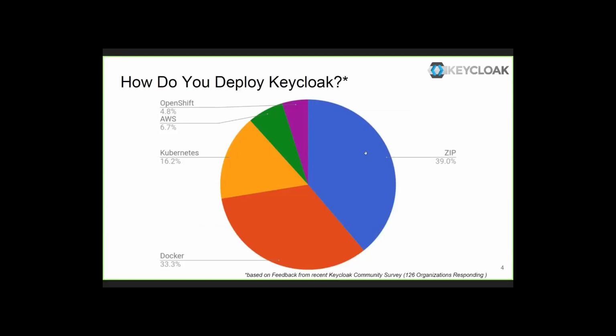And combining OpenShift, Kubernetes, and Docker and AWS, way over half of our deployments are actually cloud-based, it seems. So we do believe we actually are a good solution and quite a good fit in a cloud-native world, because we see that KeyCloak is being used in such scenarios and environments heavily.